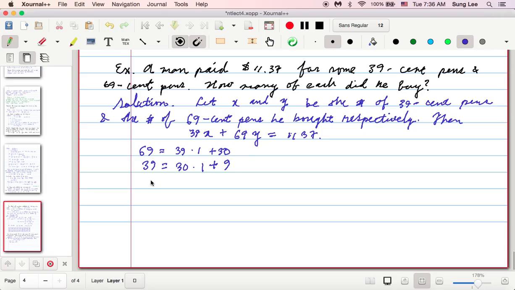And if you divide 30 by 9, that's 9 times 3 plus 3. So we see that 3 is the greatest common divisor of 39 and 69.